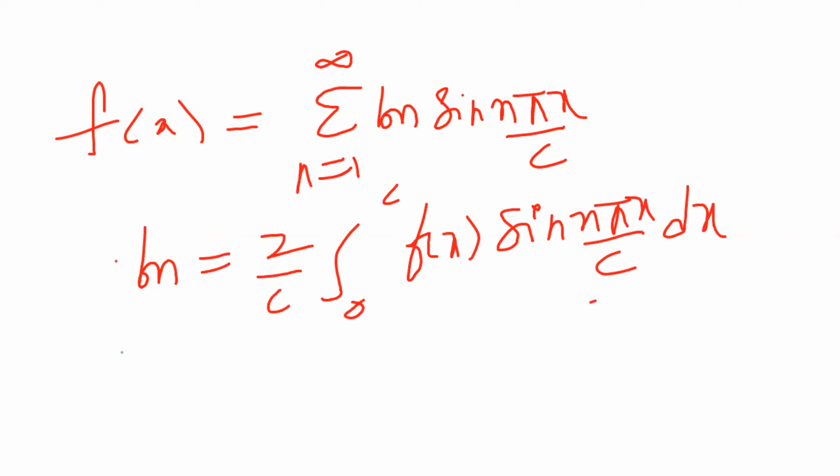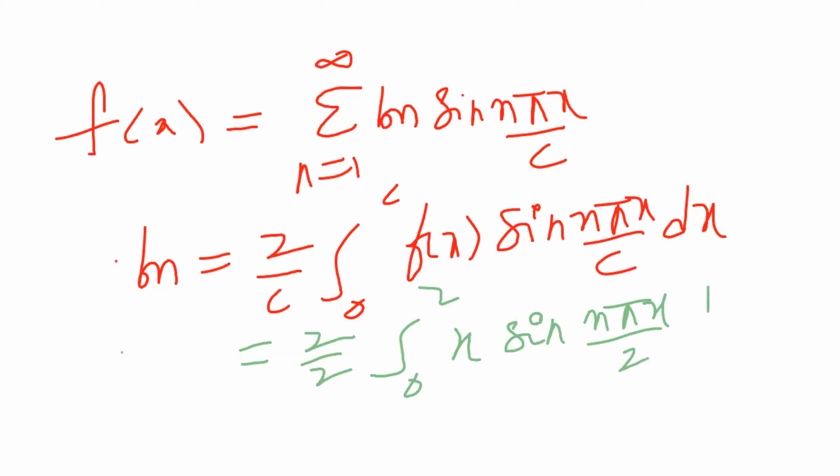Replace here c equal to 2 and f of x equal to x. So replacing these two values, bn is converted into 2 by 2 integral 0 to 2 x sin n pi x by 2 dx.